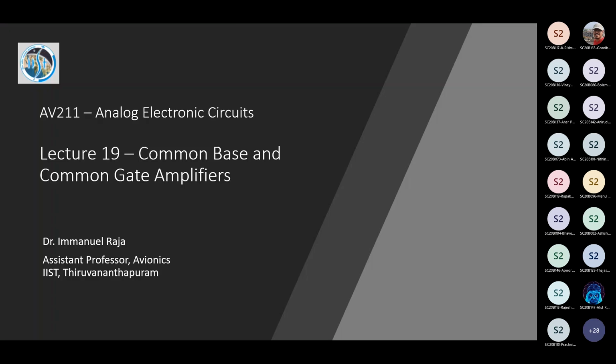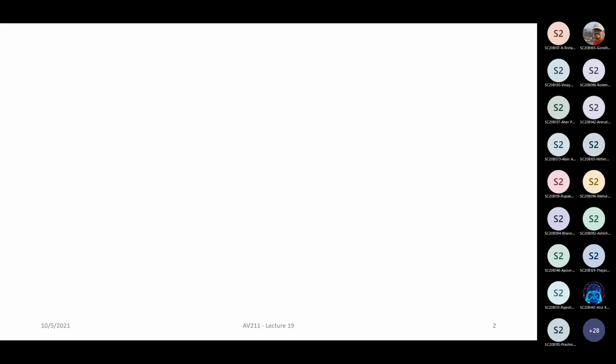Now, in order to understand that, we should do a little bit of quantitative analysis. Qualitatively, we saw that the low frequency roll-off is because of the three capacitors that are used, right?